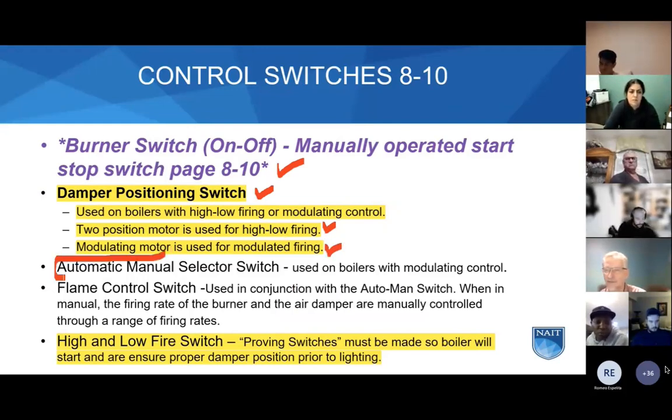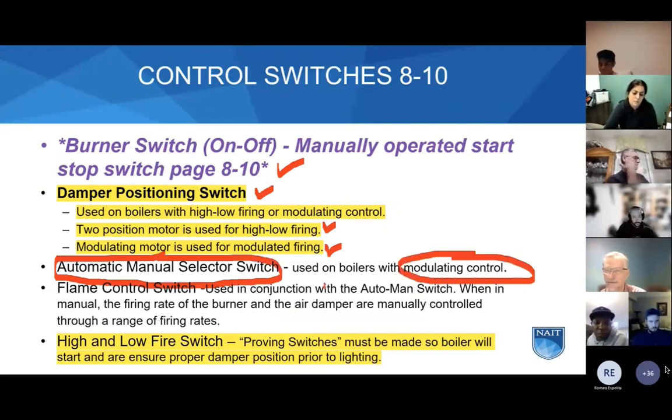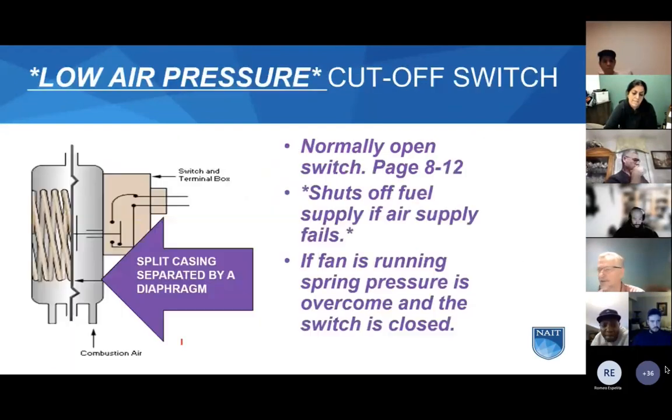Boilers will have an automatic manual selector if we have a modulating system. Flame control switch used in conjunction with the auto manual, and high and low fire switch. Okay, we'll have a closer look at all the switches. Something called a low air pressure cutoff switch. So this is kind of an interlock or a safety.